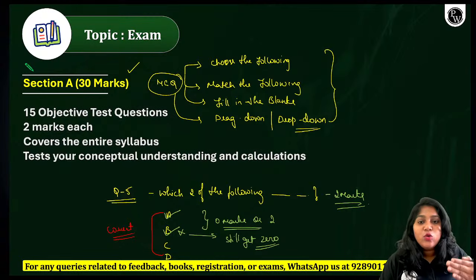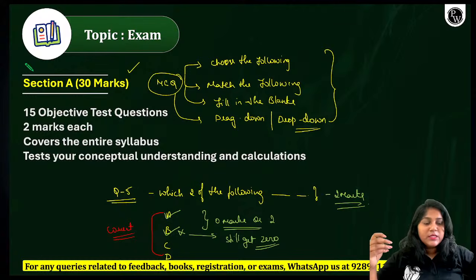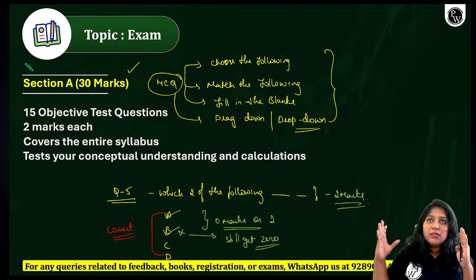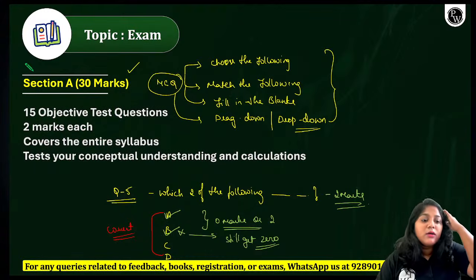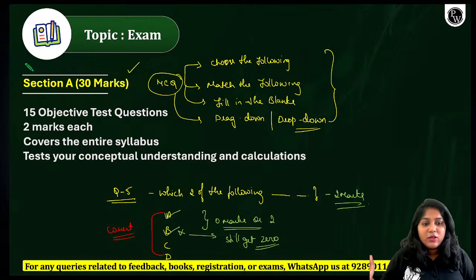Section A does cover the entire syllabus. Whichever topic is there, they can randomly pick some questions and put it in section A. It's not like this comes only from IFRS 15 revenue, or this comes only from IAS 20 government grants. It doesn't work that way. It can be randomly from any single topic.